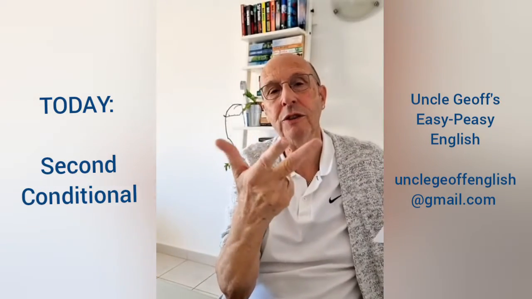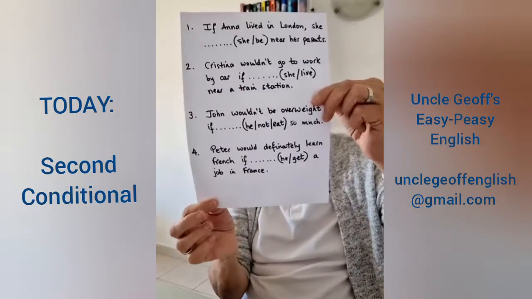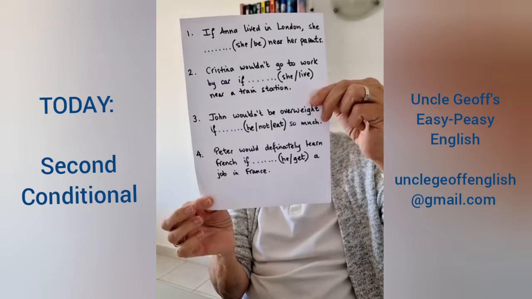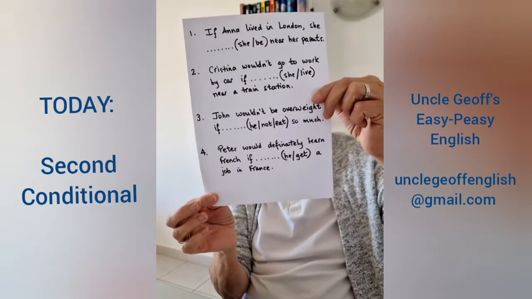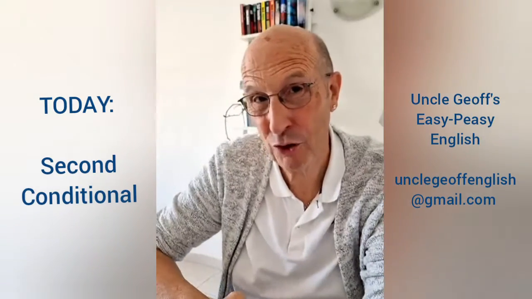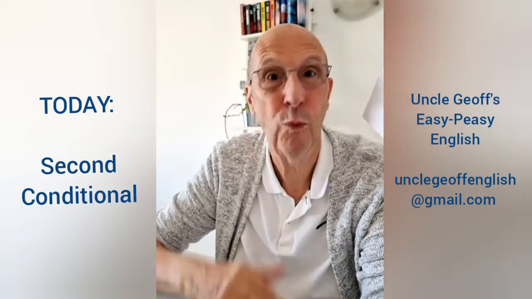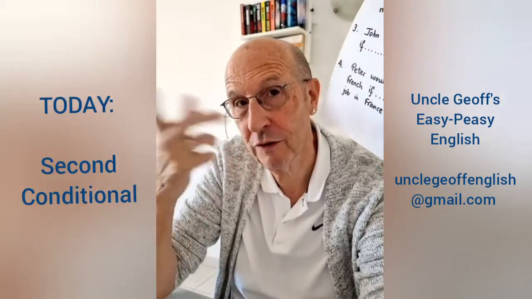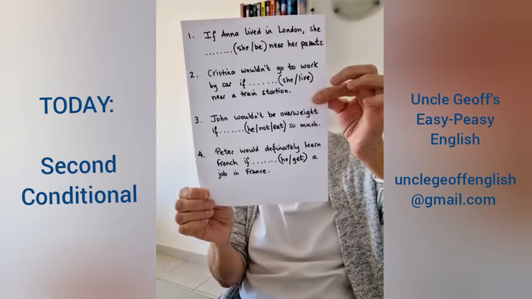So get, got, gotten, got. Second one. Peter would definitely learn French if he got a job in France. But does he have a job in France now? No. Where is his job? London, maybe. But if he got a job in France, he would learn French. So there we are. Happy second conditional.